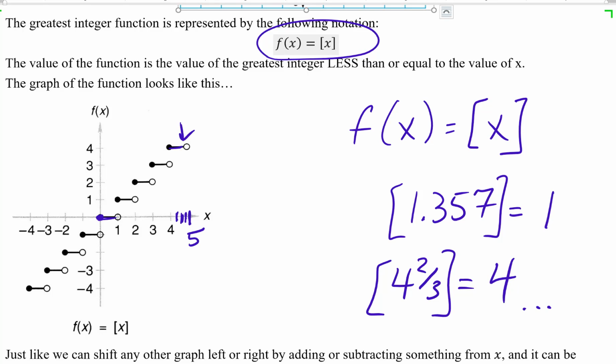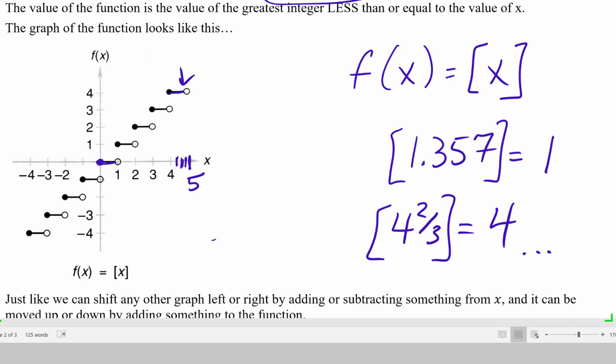Greatest integer less than or equal to 4.9 is 4. So y is always 4 as you go from 4 to 5 on the x-axis. Once you get to 5, y jumps up to 5, because now 5 is the greatest integer less than or equal to the next values on the x-axis.